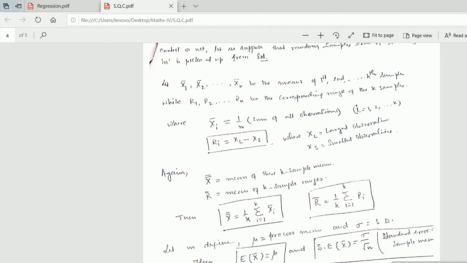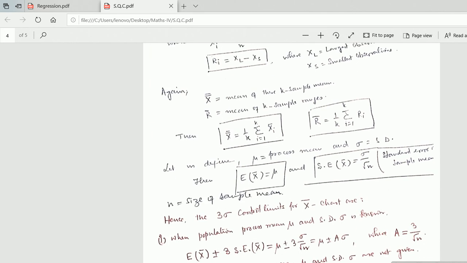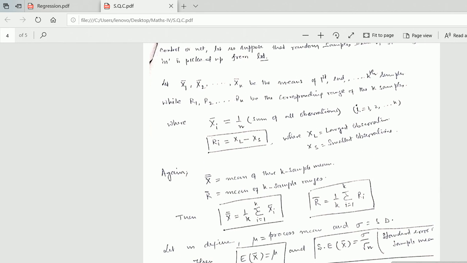Let capital X1 bar, capital X2 bar, dot dot, capital XK bar be the means of first, second, dot dot, kth samples, while capital R1, capital R2, dot dot dot, capital RK be the corresponding ranges of the k samples, where Xi bar equals 1 upon n sum of all observations, where i runs from 1 to k. So capital Ri is equal to capital XL minus XS, where XL is the largest observation and XS is the smallest observation.